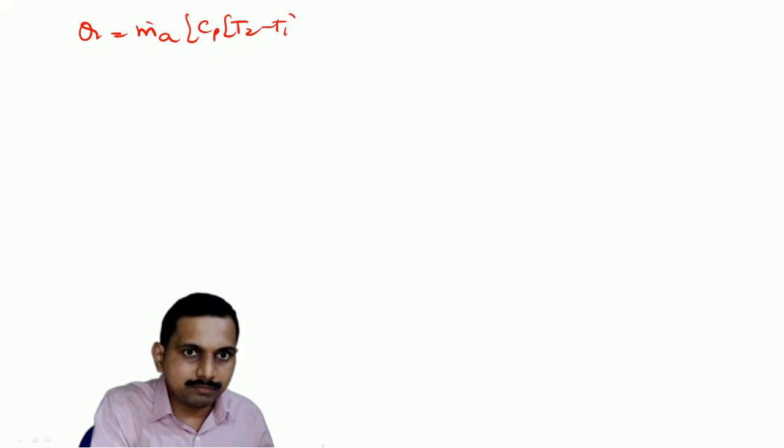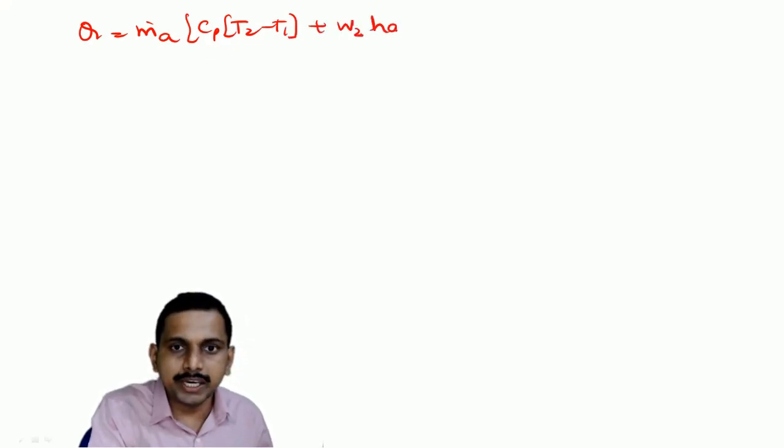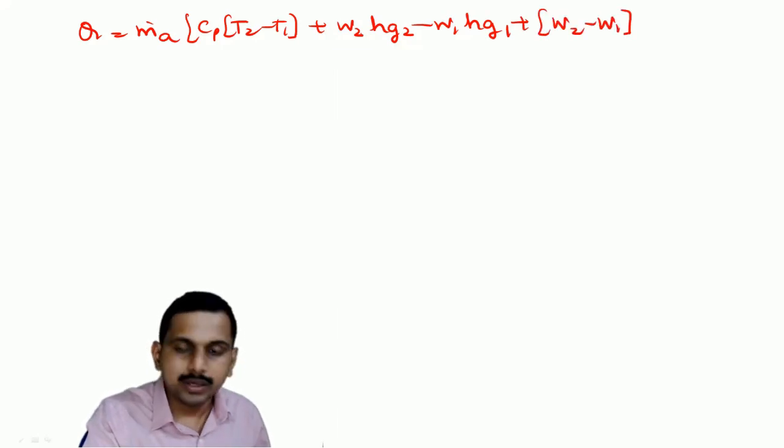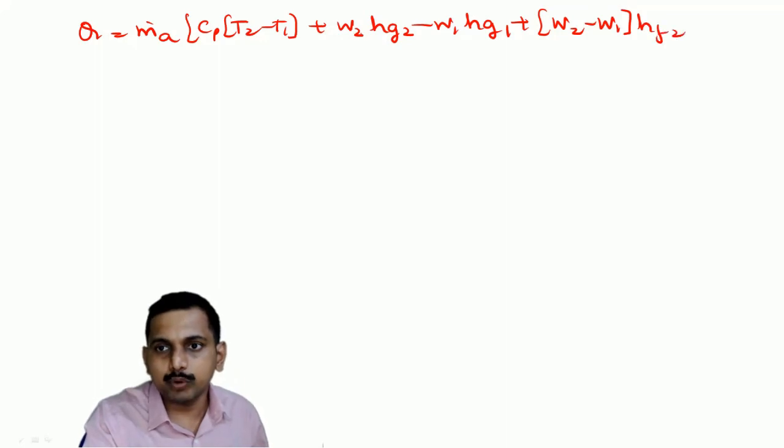Now here, if I consider the first one, I'll write this again. So this Q is equal to m dot A into Cp T2 minus T1 plus W2 into Hg2 minus W1 into Hg1 plus W2 minus W1 into HF2.